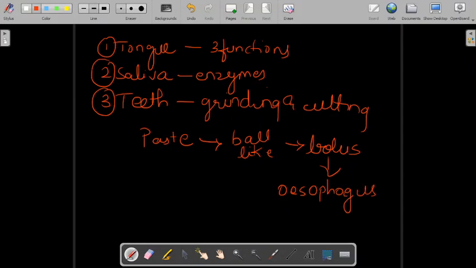So what is bolus? It is a ball-like structure formed of ground food, or food in the form of paste. And this bolus is then passed through a pipe-like structure known as the esophagus.